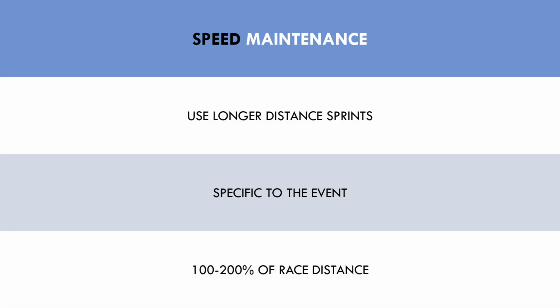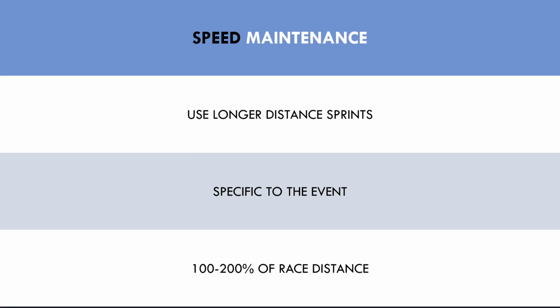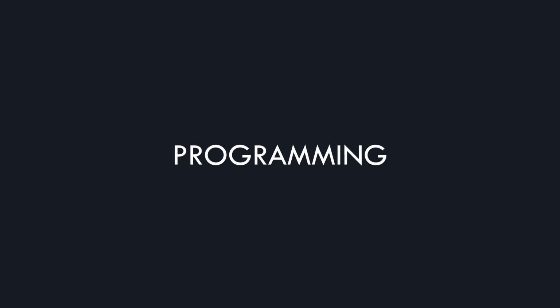Generally, we want to implement distances that are around 100 to 200% of the race distance. So for example, a 200 meter runner would train for speed endurance by using distances of around 200 to 400 meters.